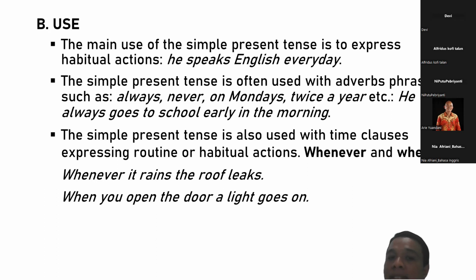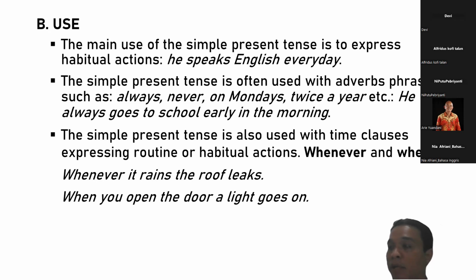The simple present tense is often used with adverb phrases such as always, never, on Mondays, twice a year, etc. For example, he always goes to school early in the morning. The simple present tense is also used with time clauses, expressing routine or habitual actions.